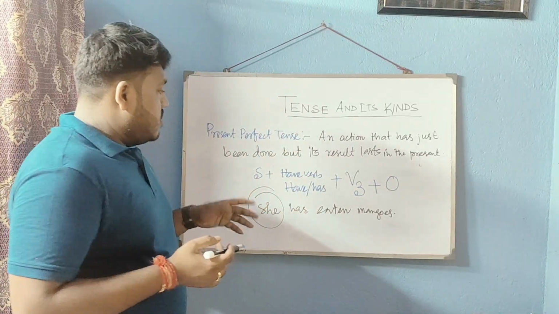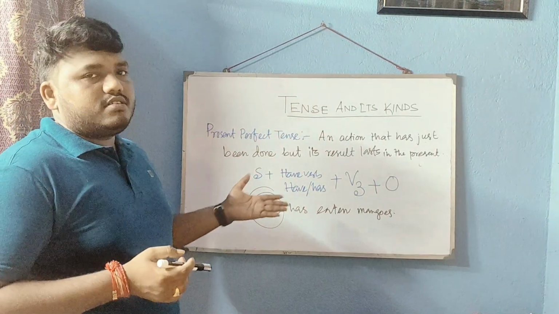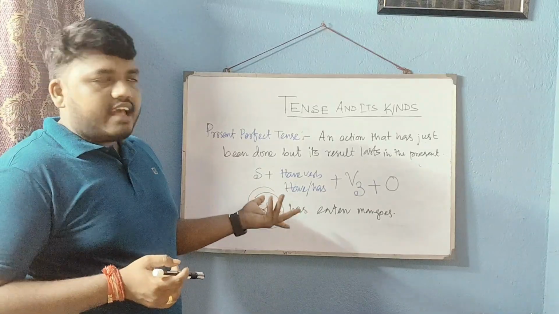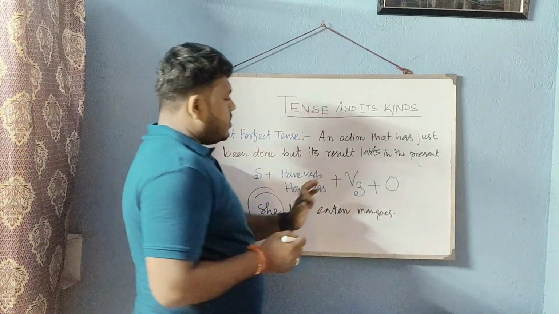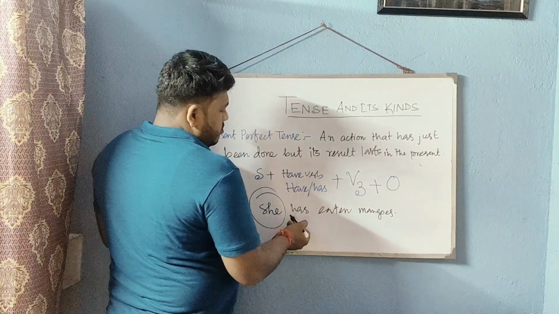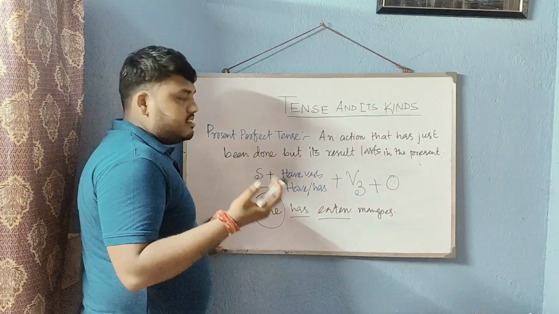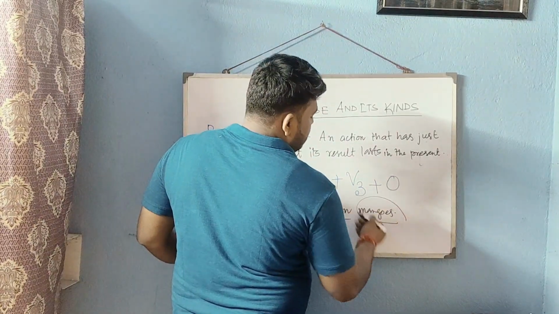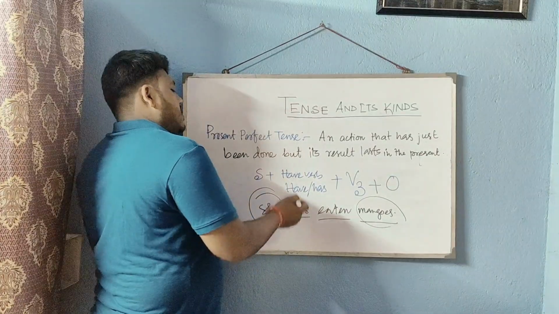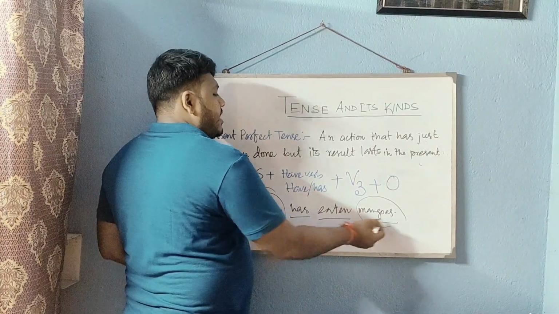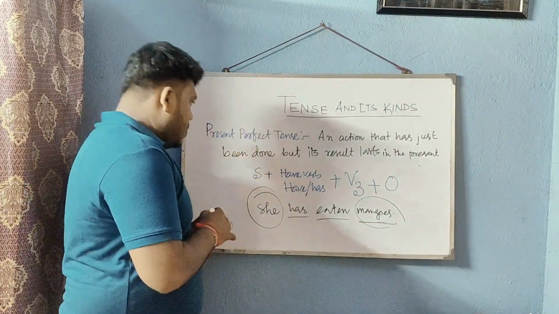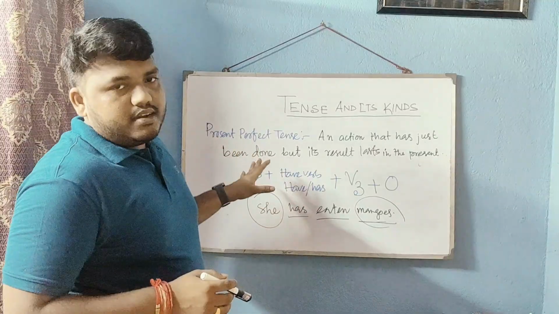But in all the other cases except I, we use has. She has eaten mangoes. So has is used as the have verb. Eaten is the third form of the verb: eat, ate, eaten, and mangoes is the object. So subject, have or has, third form of the word, and object. So we have learned about present perfect tense.